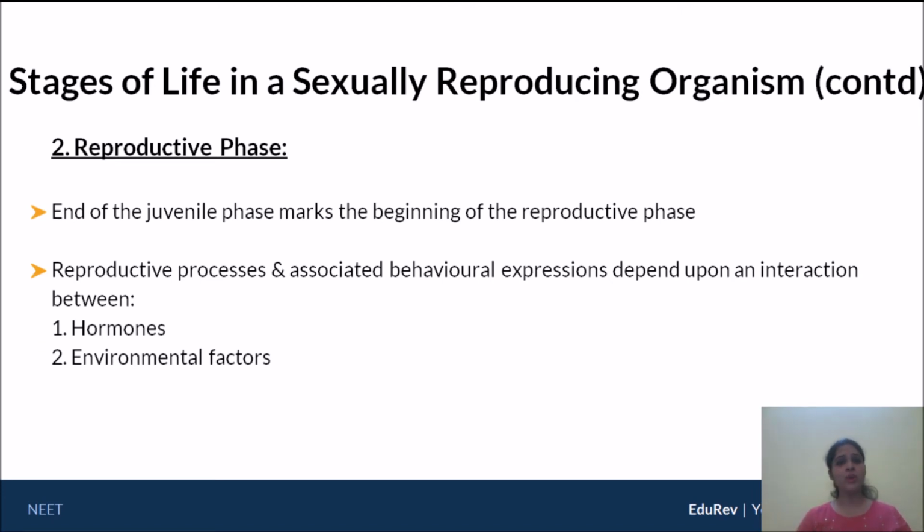So in a particular season, you will find that the testosterone level is very high, and that level is accompanied by good environmental conditions that help them to mate. So in case of other animals, generally speaking, hormones and environmental factors together play a very important role for certain reproductive processes and for certain behaviors that they express.